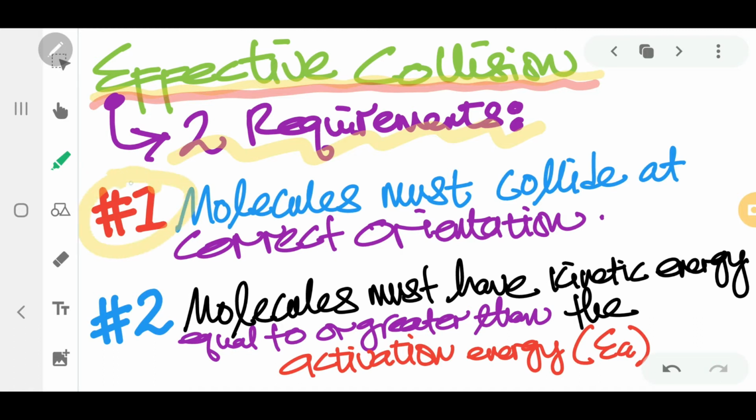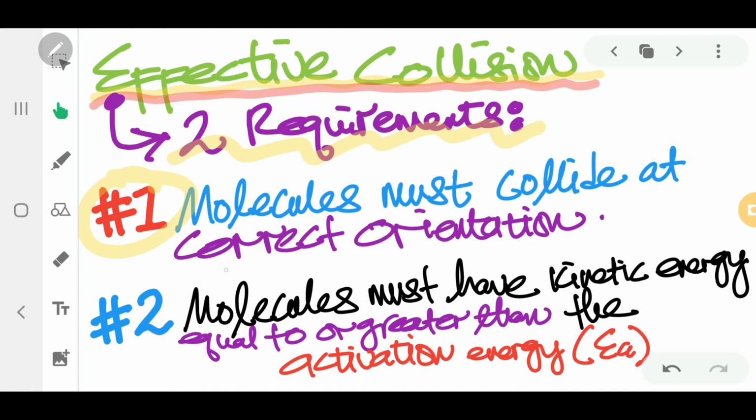Number one, the molecules must collide at the correct orientation. Meaning to say the particles need to get into the correct position. When they collide at the correct orientation, you might have the reaction occur.